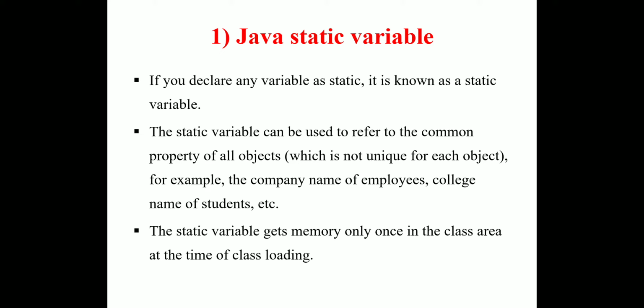For example, the company name of the employee, the college name of the student. The static variable gets memory only once in the class area at the time of class loading.